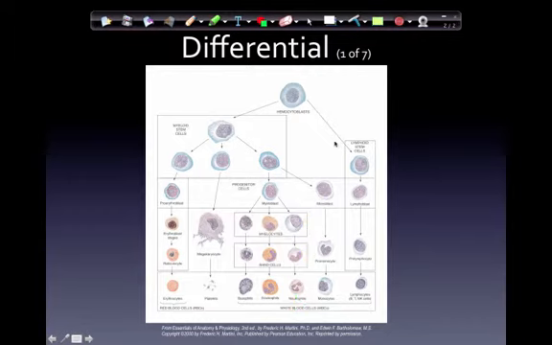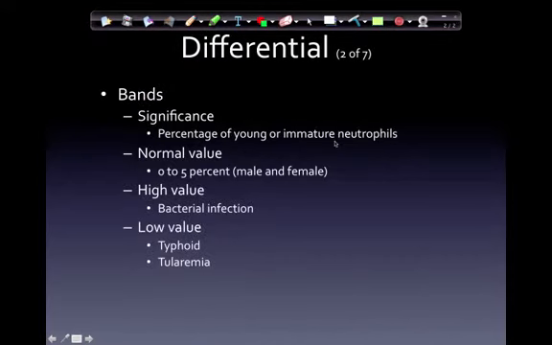Erase this and go to the next slide. What we see here is bands are significant because they're the percentage of young or immature neutrophils, and this would be our major player for white blood cells. Normal value is 0 to 5% in male and female. If you had a high value, let's say that you had a 20, 20% of what I saw of white blood cells were bands or immature white blood cells.